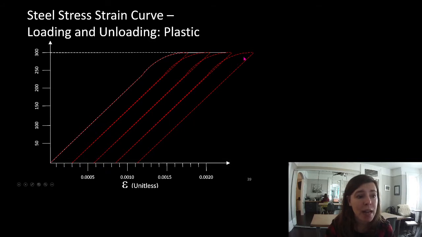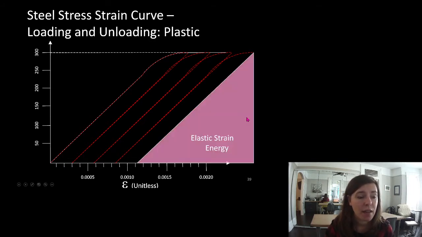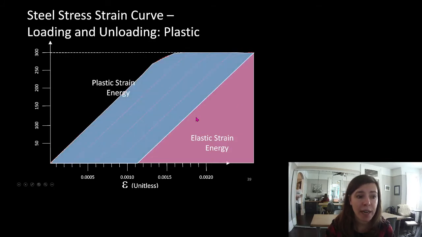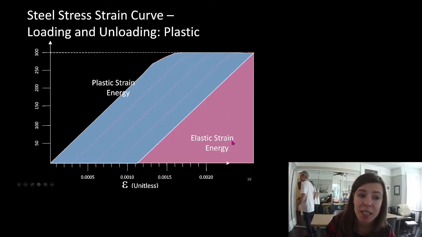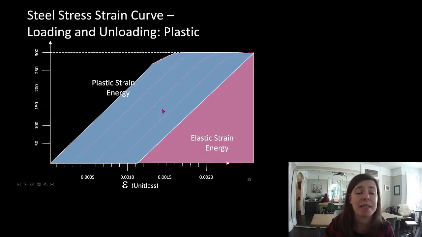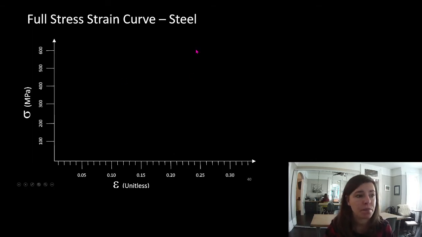And if we did that cycle 4 times, we are going to have this much permanent strain in it. Elastic strain energy, plastic strain energy. So we will always have the same amount of elastic strain energy, but we can increase the plastic strain energy.